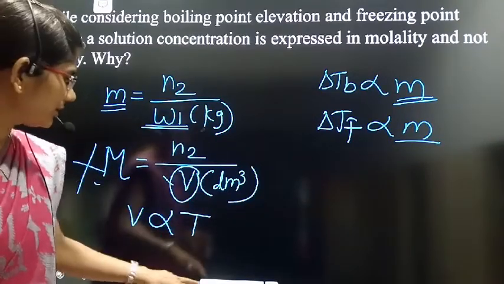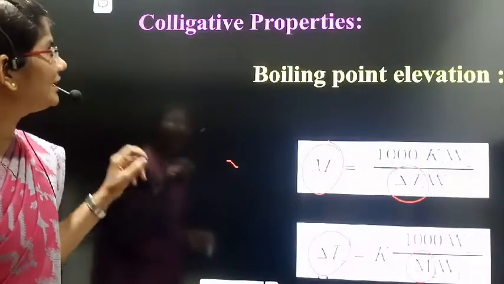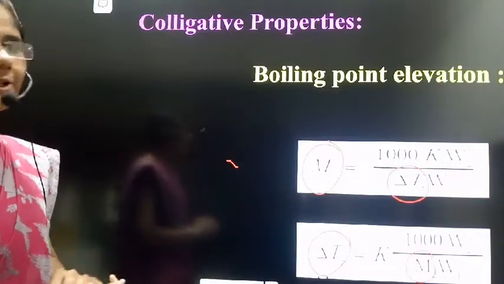So dear student, here we have completed two colligative properties.